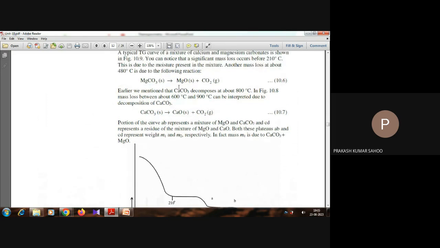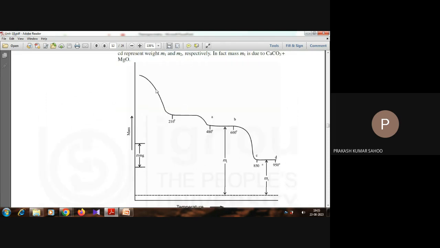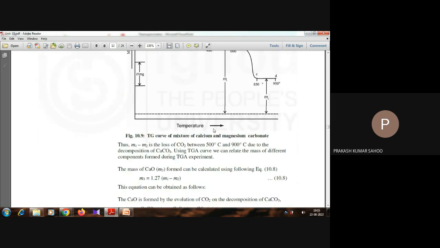What are the three units? Magnesium oxide, calcium oxide, and carbon dioxide is in common. So the fast decomposition may be due to calcium oxide, which may be decomposed first, then followed by magnesium oxide and calcium oxide.